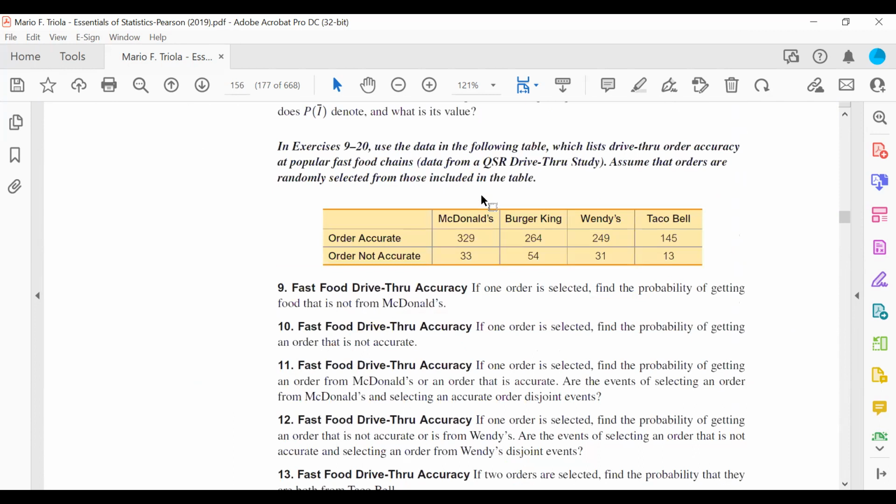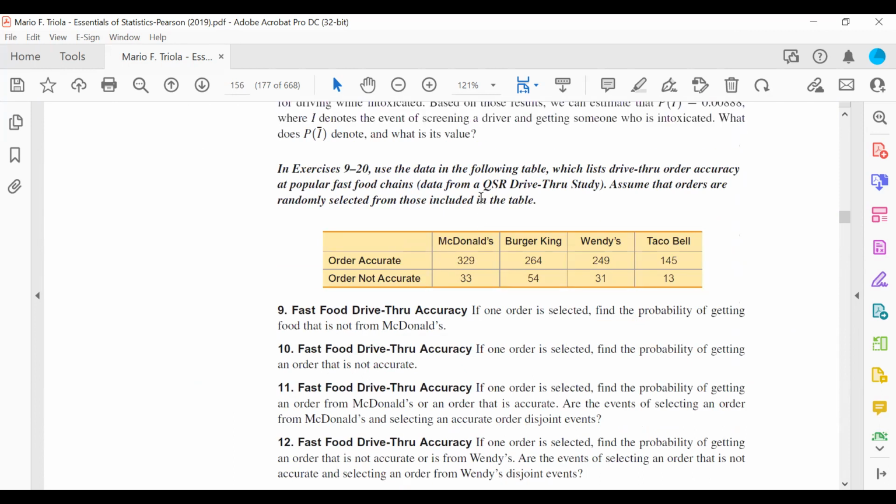Number 9. All right, so this one is: the following table describes the drive-through order accuracy at popular fast food chains, and the restaurants are McDonald's, Burger King, Wendy's, and Taco Bell.